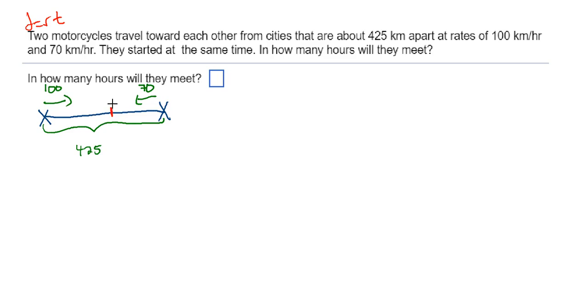So let's say this is where they meet right here, somewhere in the middle, not exactly halfway because the speeds are different. And we want to know how long it will take for that to happen. I'm not asking for the distance they're traveling, just the time. How long is it going to take until they meet one another?